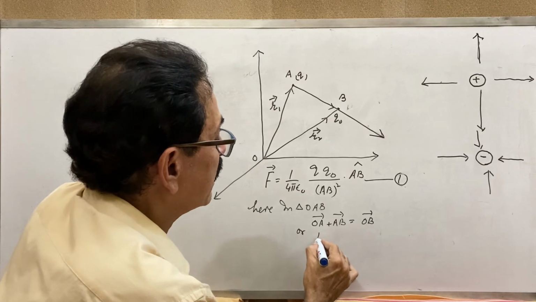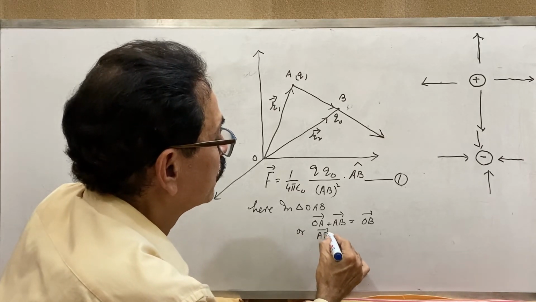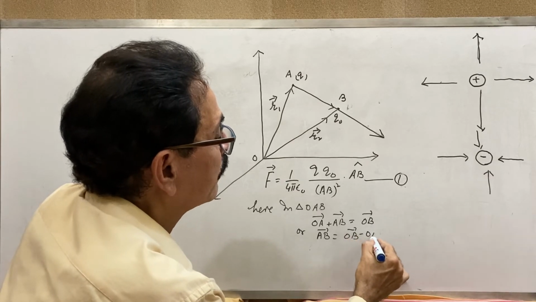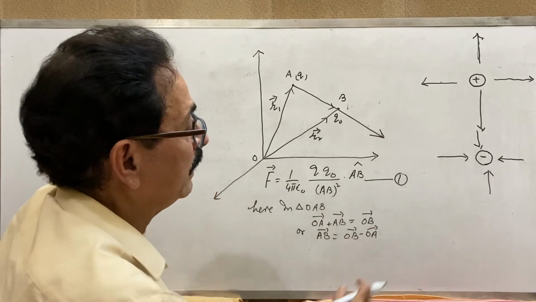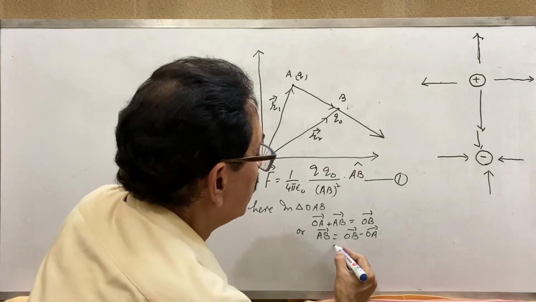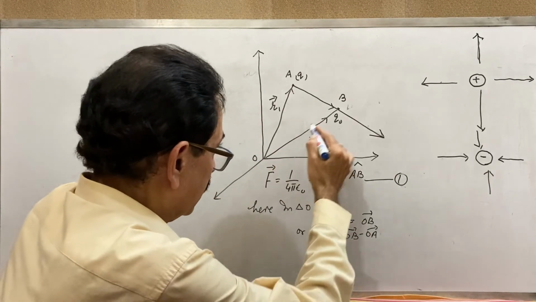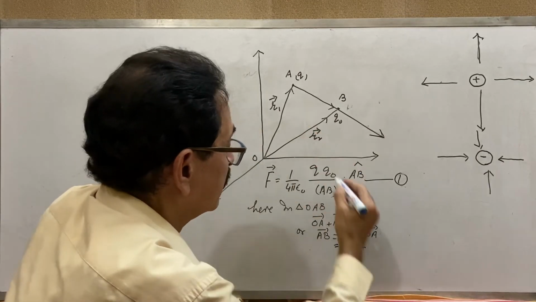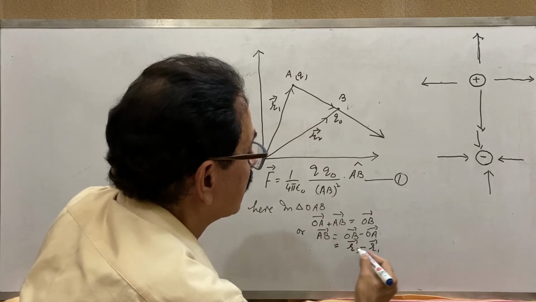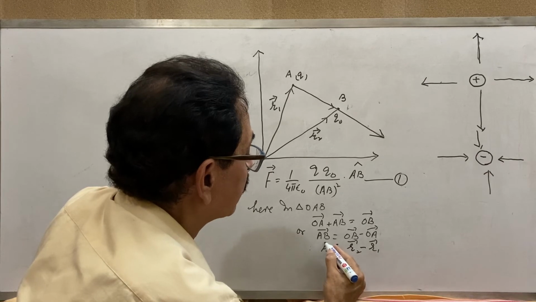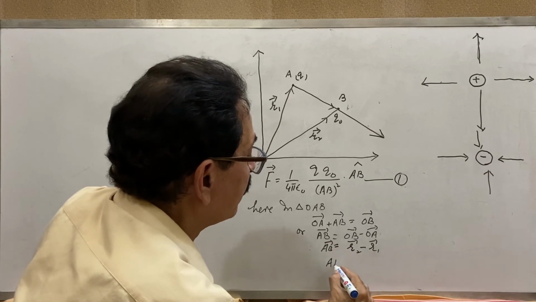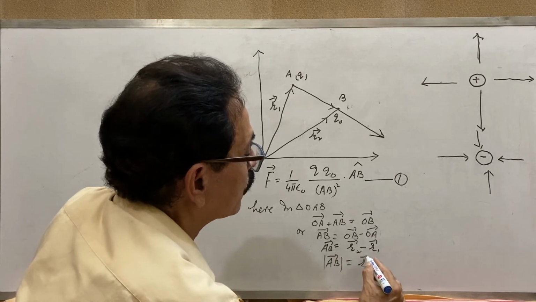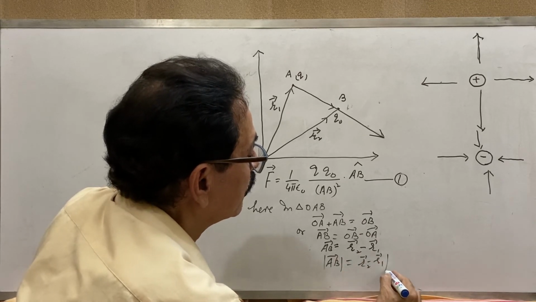Or I will write AB vector is equal to OB minus OA. OA is shifted. OB from the figure, OB is equal to R2 minus R1. It is AB vector. And magnitude of AB, I will write it like this, is equal to R2 minus R1 magnitude.